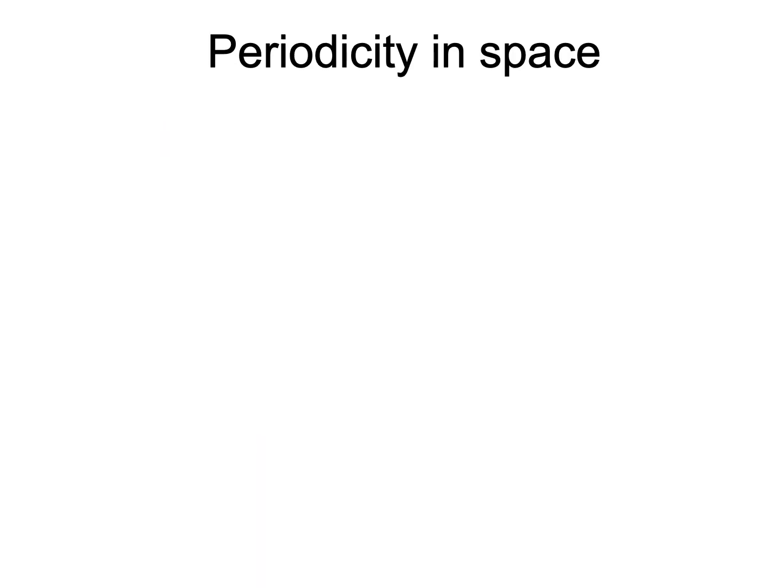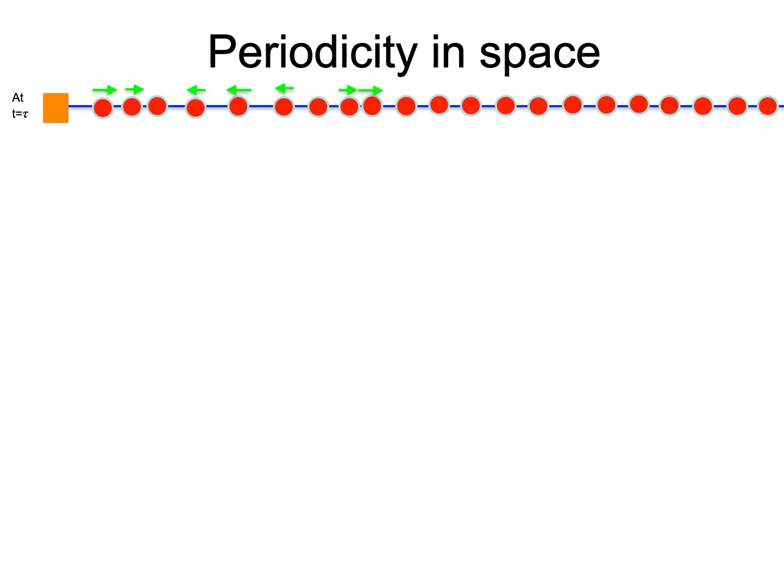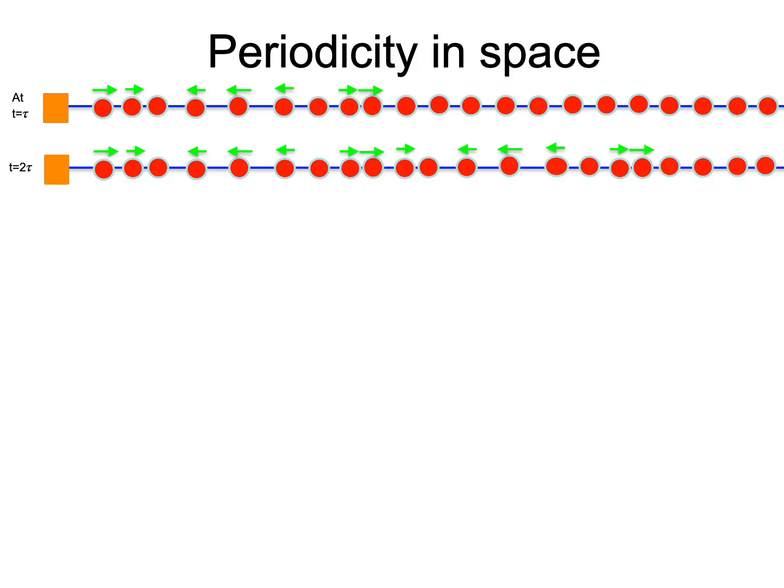Let us see again the state of the medium after one period of wave generation and compare it to what it would look like after a second period of generation, so at time equal to 2 periods. There is a repetition of a pattern, but this time it is in space.